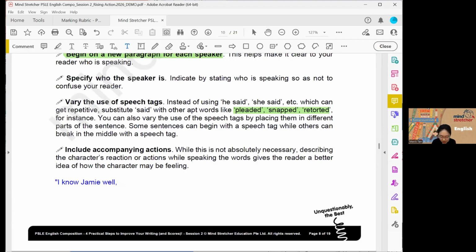I know Jamie well, comma, said Ben. But let's say he hasn't finished talking yet. I want to include an action, and that's related to my last point. I know Jamie well, comma, said Ben, hesitating for a moment.